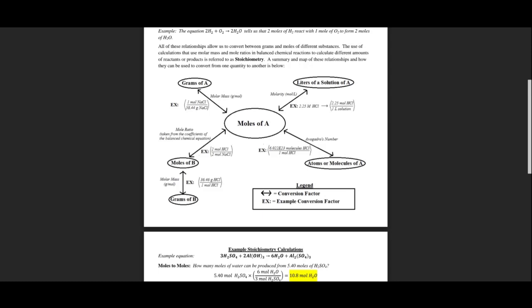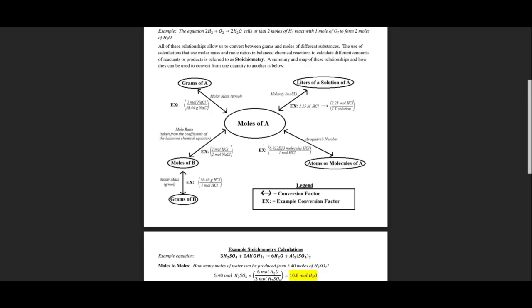Or I can convert moles of one thing to moles of something else. Notice the only way to change one substance to a different substance is a mole-to-mole ratio. So the only way to go from one thing to a different thing is a mole-to-mole ratio. That's what we do in stoichiometry.